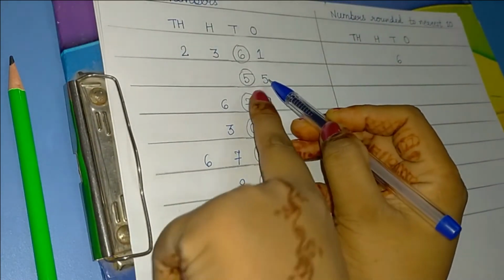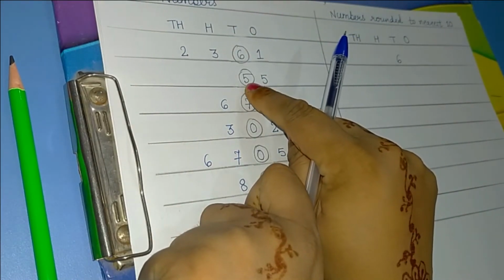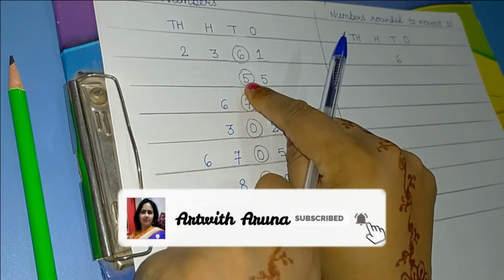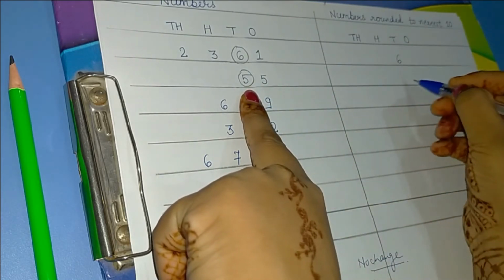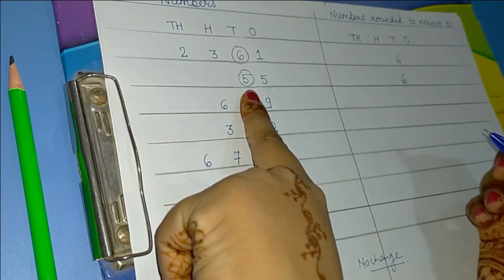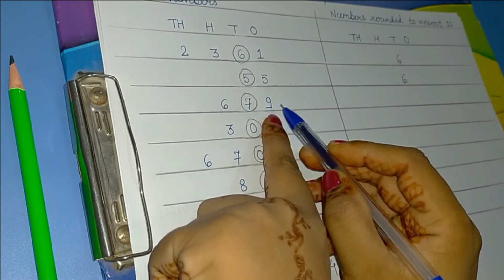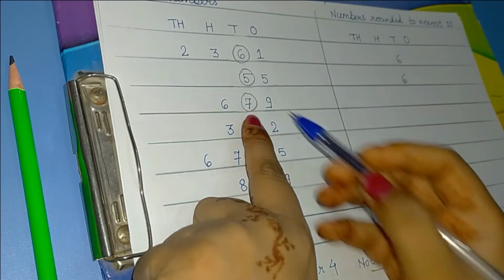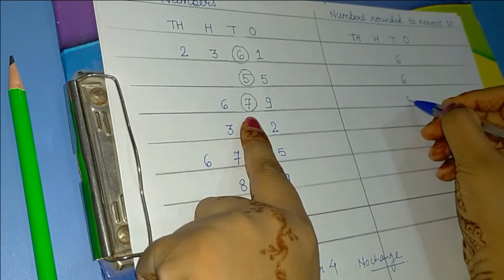So due to this 5, the digit at tens place, we need to add 1 here, and 5 plus 1 is 6. So here we will write 6 at tens place. Now in the third question, 9 is present at ones place. So due to this 9 we need to add 1 to the tens place, and this 7 will become 8.